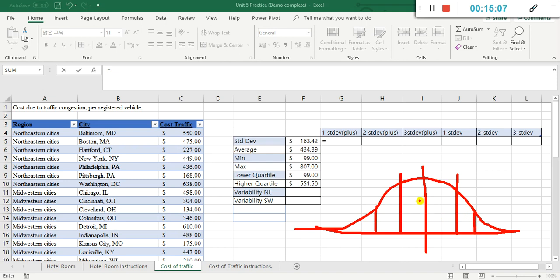we have here the average, right? Average, then one standard deviation, two standard deviations, three standard deviations, and then probably here is four standard deviations, five, etc. Anyways, if the data is normally distributed, we're gonna find two thirds of the data within one standard deviation, minus or plus.